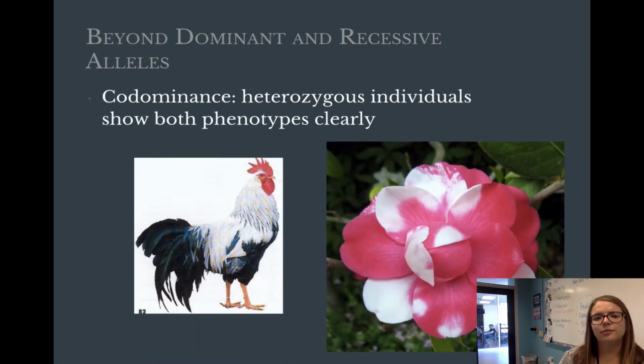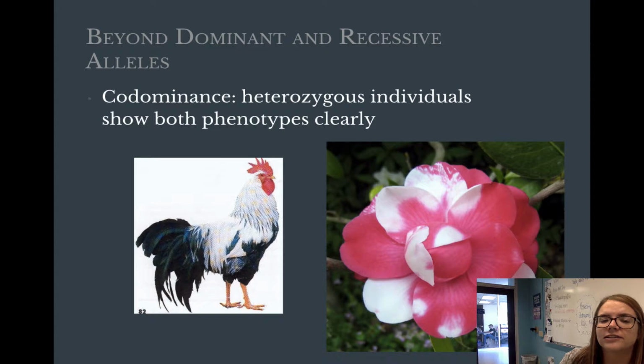Codominance is another example where the alleles aren't completely dominant, right? Codominance is a little bit different though, because rather than blending, you're going to show both phenotypes clearly in different spots. So looking at that little chicken, he looks like he's peppered, right? That's what we call that color, peppered. That's because both white and black are codominant.